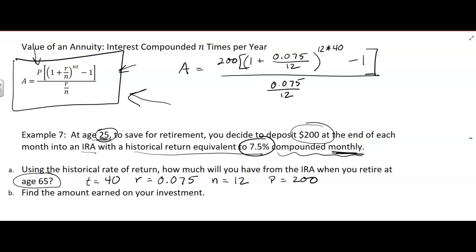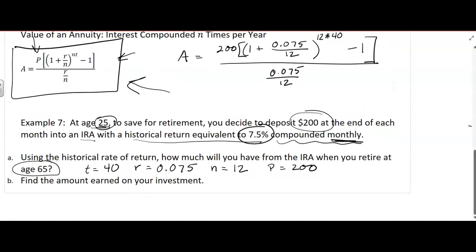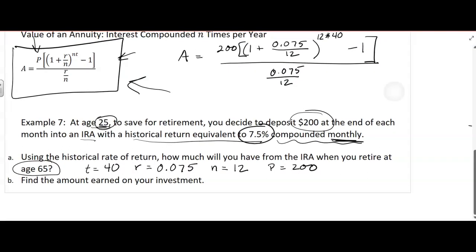Okay, now how am I going to put this in the calculator? Well, there's a couple ways I could do it. I'll try putting it in different colors, see if that helps. So I'm going to put 200, and I'm going to put parentheses around this. Parenthesis, 200, parenthesis, parenthesis.